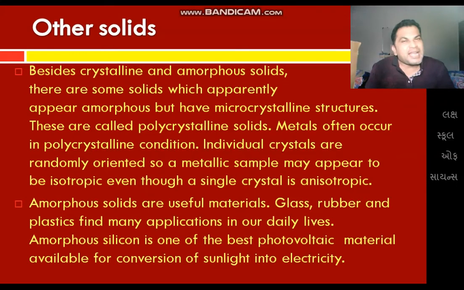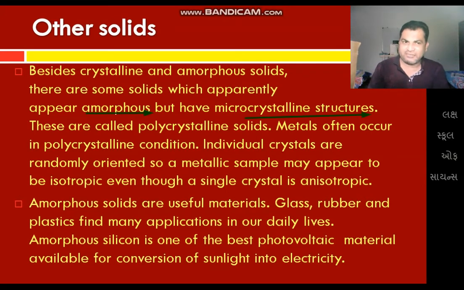Besides crystalline and amorphous solids, there are some solids which apparently appear amorphous but have microcrystalline structures. See, some solids seem to be non-crystalline, that means amorphous substances, but though they are amorphous, they look like crystalline structures at micro level.